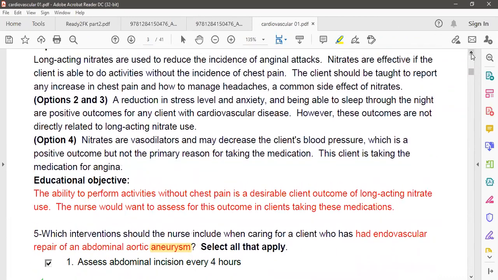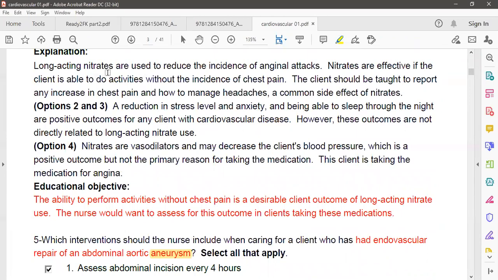Long-acting nitrates are used to reduce the incidence of anginal attacks. Nitrates are effective if the client is able to do activities without the incidence of chest pain. The client should be taught to report any increase in chest pain and how to manage the headache and common side effects of the drug.